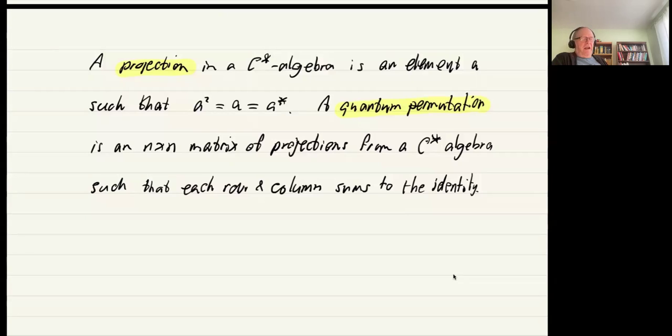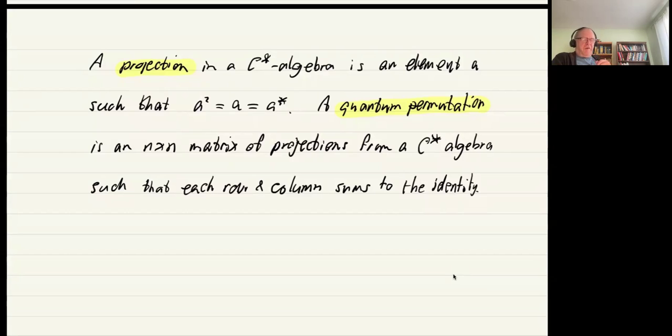Now, even now, I'm still suppressing some complications, some of which are due to the physicists. But the basic point is that when people like Dave Roberson talk about quantum automorphisms, they allow the projections to come from something bigger than just a matrix algebra. And it turns out that by increasing the size, it makes a difference.